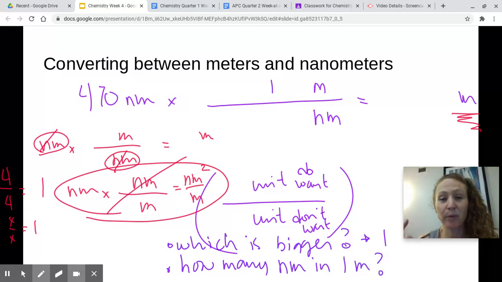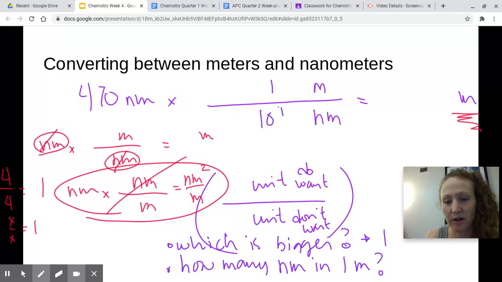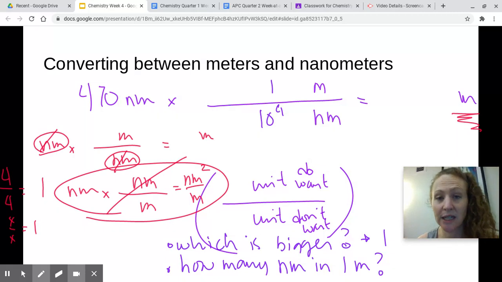Hopefully you remember from a couple weeks ago when we were talking about the SI units that there's 1 billion nanometers, or a 1 with 9 zeros, in 1 meter.